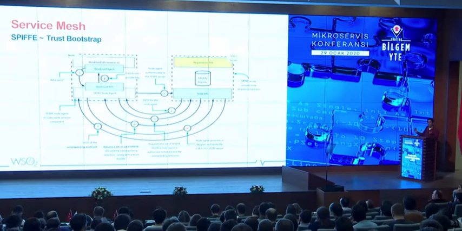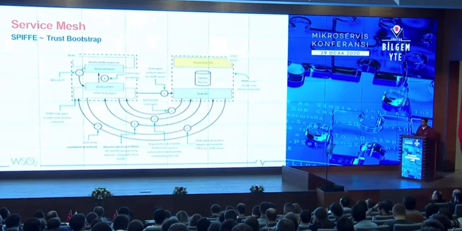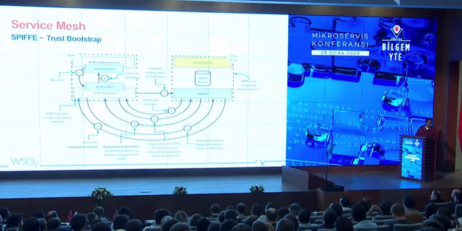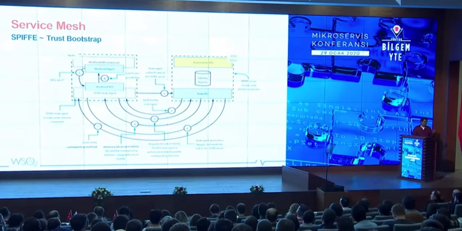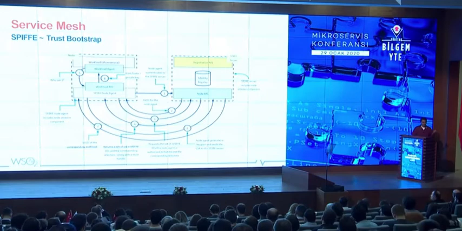Then SPIFFE will define an identifier for each node. This is at a very high level. I think you need to go through the spec and read through it. And then whenever your pod comes up, each pod, a container there, has a workload agent. That workload agent will talk to the node agent to get its own identity.